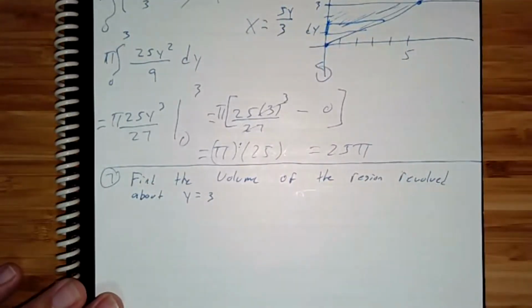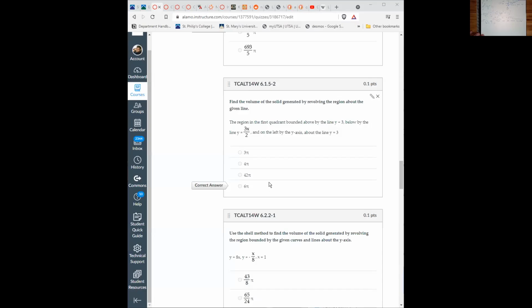Was it 6 or 7? 7. This guy here. Region in the first quadrant bounded above by y equals 3 and below by y equals 3/2 x.